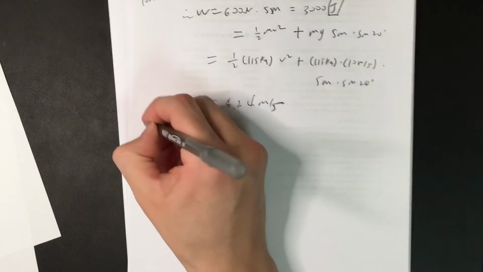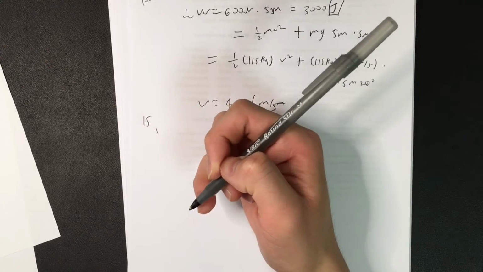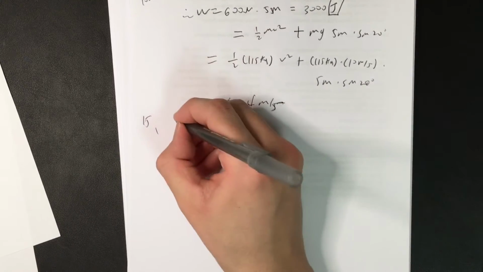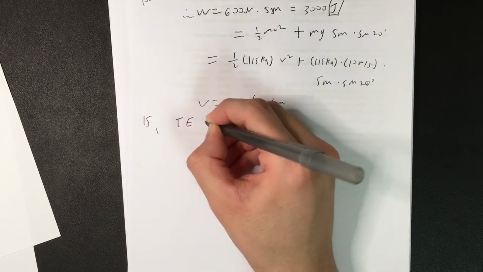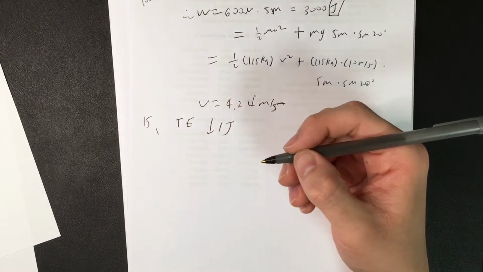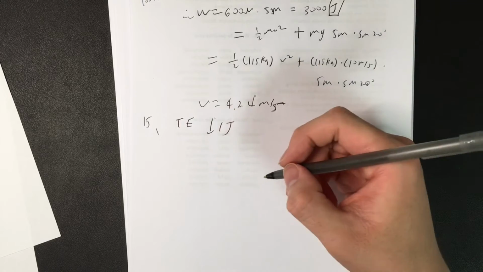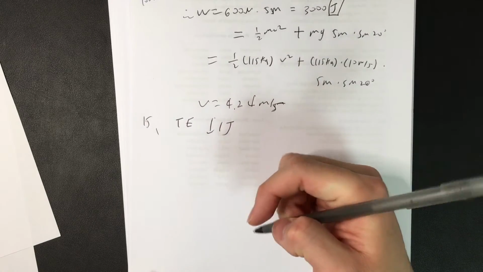The next question is about planetary motion, and it says the total energy has decreased by 1 joule from air friction, and it is asking what happens to the kinetic energy.